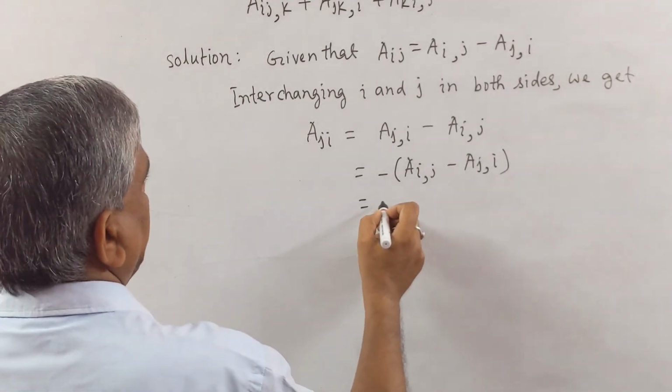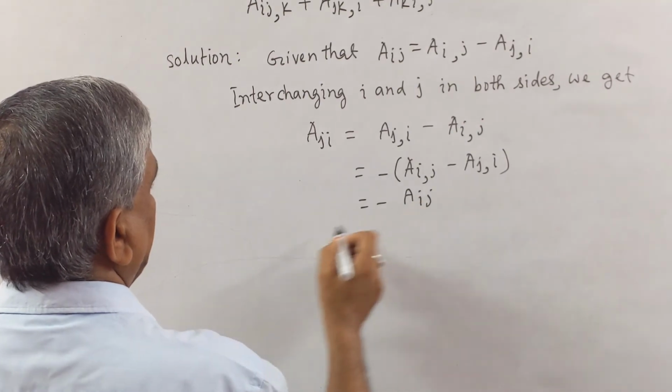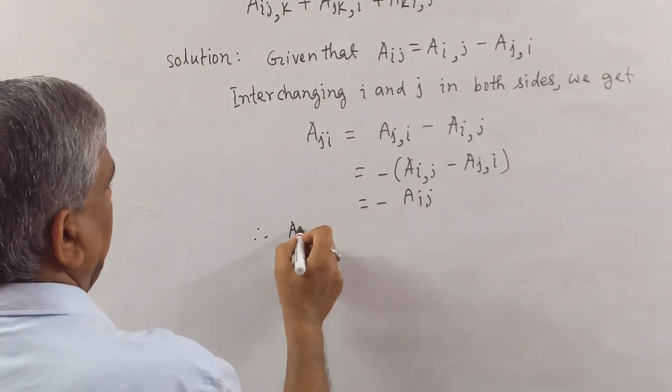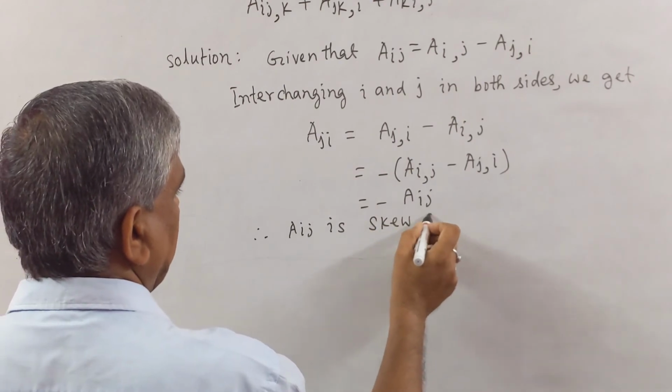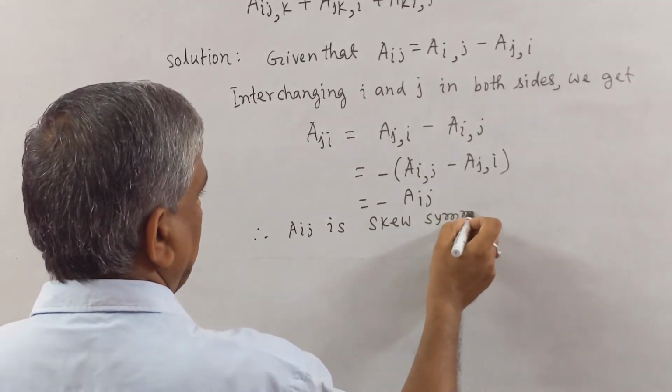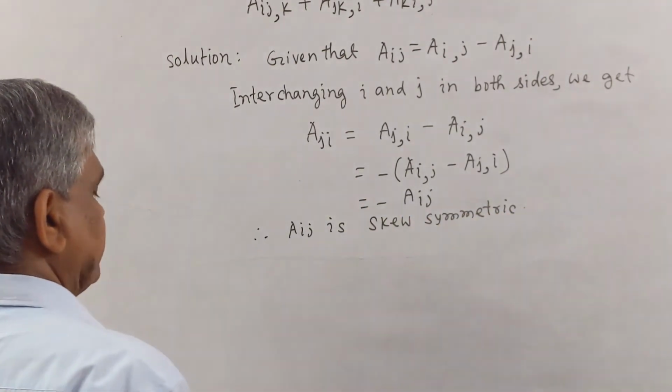This is equal to minus a_{ij}. Therefore, a_{ij} is skew symmetric.